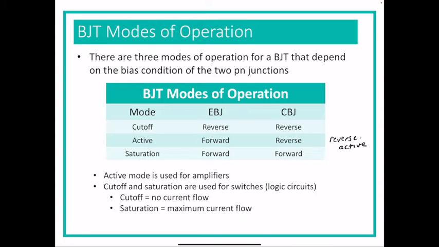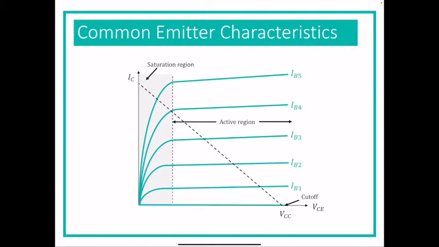So that is similar. However, for whatever reason, while MOSFETs were amplifiers in the saturation region, BJTs are not amplifiers in the saturation region. So saturation for a MOSFET means something completely different than saturation for a BJT. That's just one of those things.